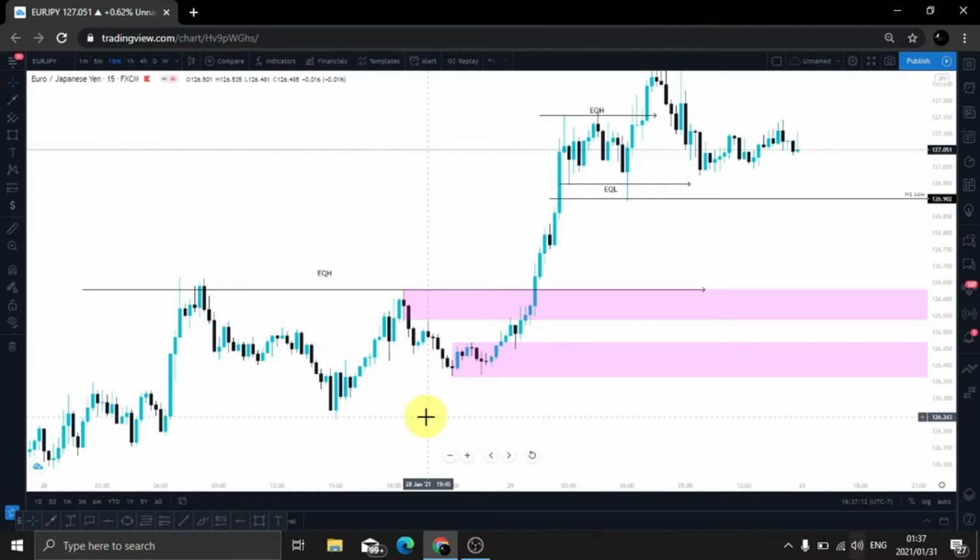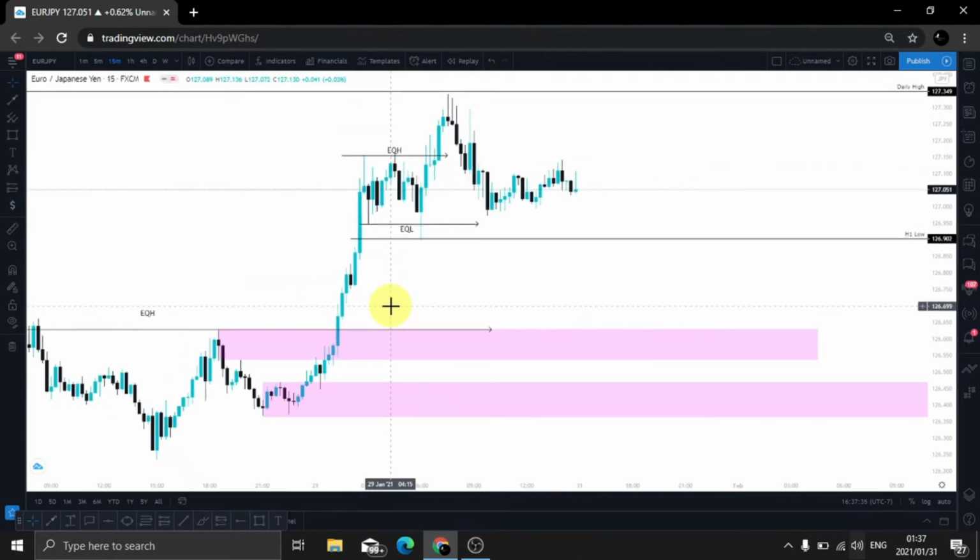Then after the bullish candle, there is a bearish impulsive move. But also the next candle must be engulfed by the previous candle. Over here you can see that it was not engulfed. So we now take this one to be our OB candle.